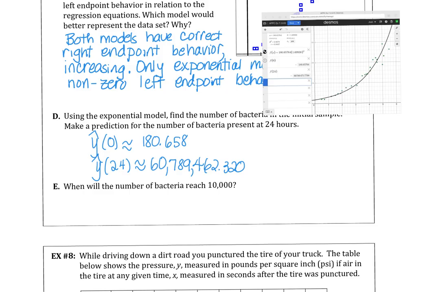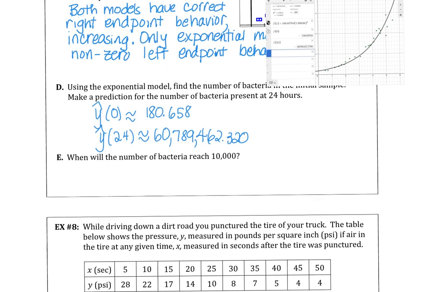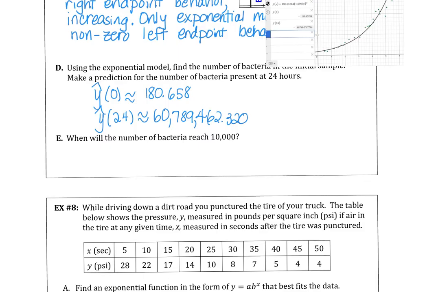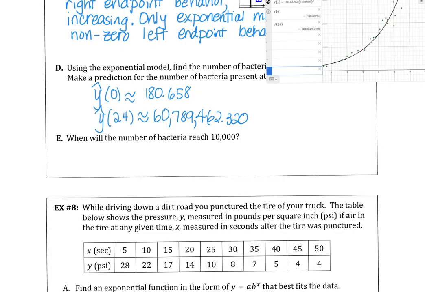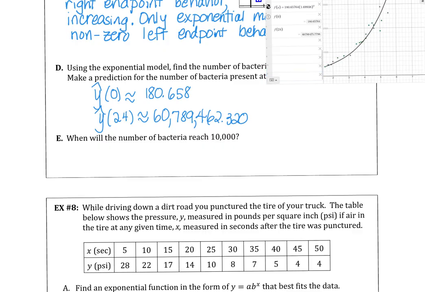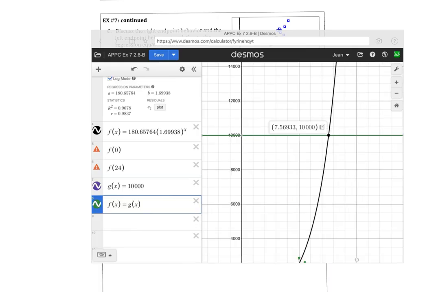So what we need to do there is go back to our graph and let the calculator estimate that for us. So we're going to bring this back down here. And here you can see I've graphed g of x is 10,000. This is our green line.